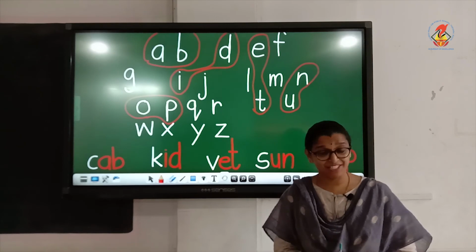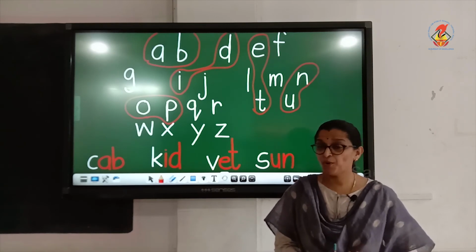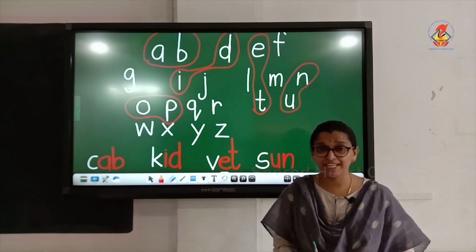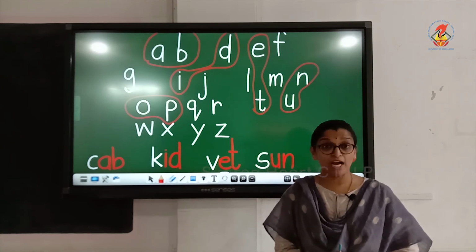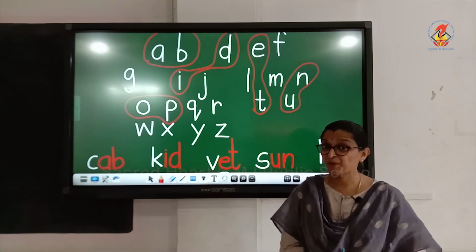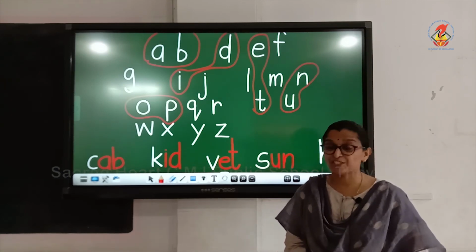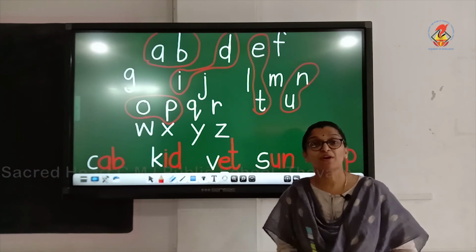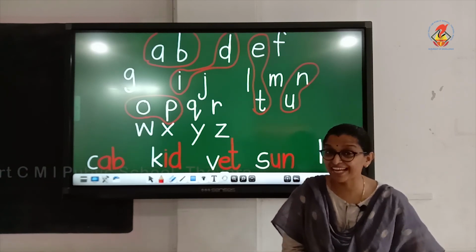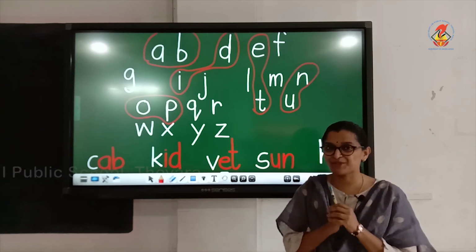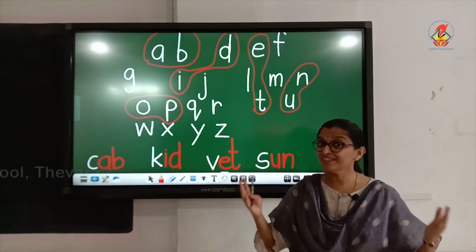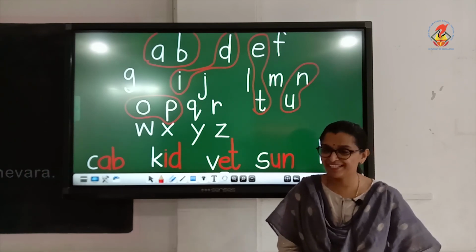Oh, my dear letters, tomorrow we will make more new words and create a wonderful story out of those words, promised the teacher. What did the teacher promise? The teacher promised tomorrow we shall make more new words and create a beautiful story out of those words. And all the letters became happy.